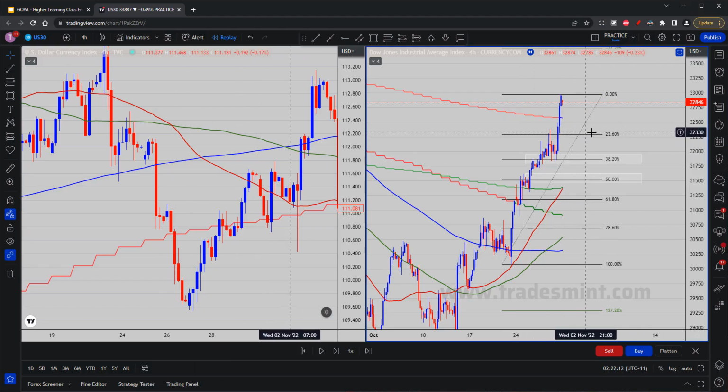23, there's nothing in terms of confluence, okay, over there. So it's going to be either 38, which is probably 90% chance that we get there. If we see the price just smashing through, then we get to 50%, okay? Another thing to consider is that the EMAs are going to be moving.